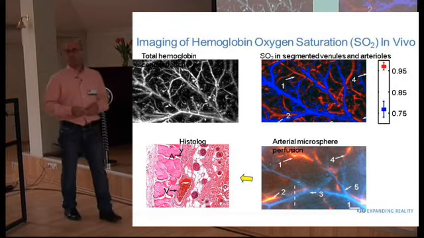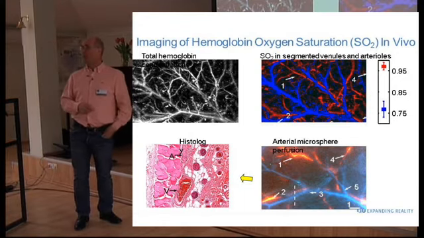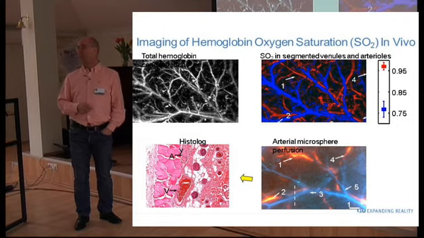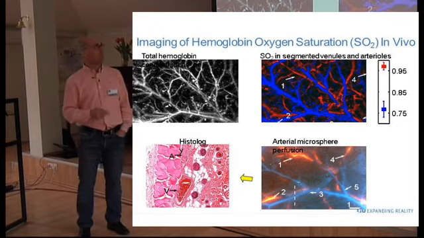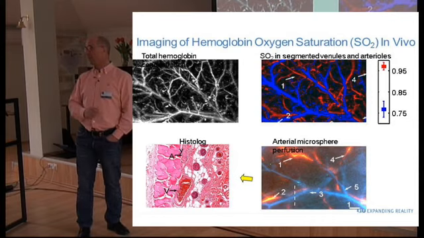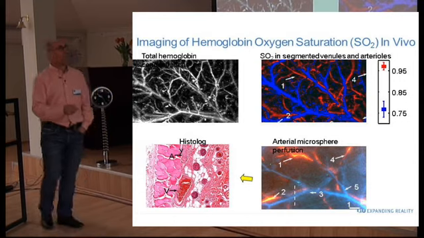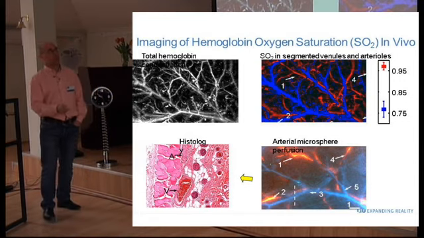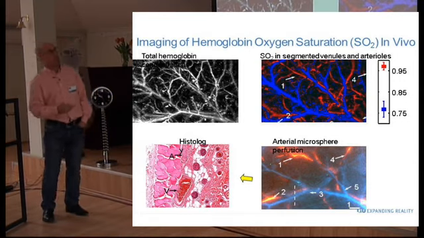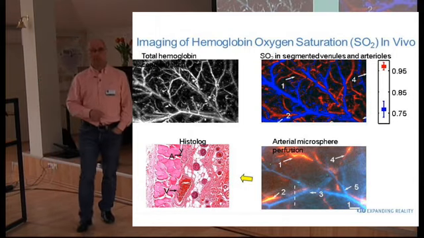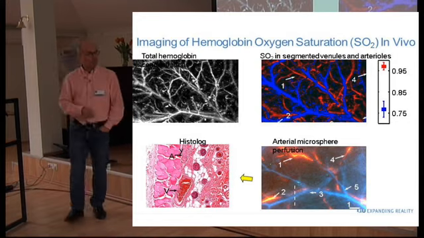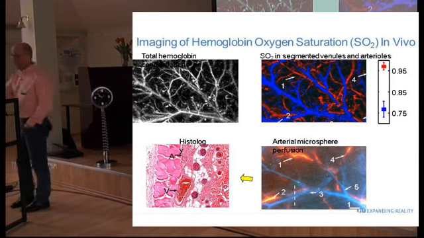But the thing is that you need a good absorber in the tissue, and a good absorber in tissue is, of course, blood. So the first thing you will see is actually blood vessels. Looking at this, you see the SO2 is segmented venules and arterioles, and this is some way of displaying the total hemoglobin compared to some histology.